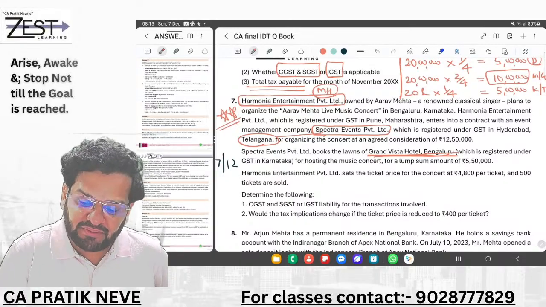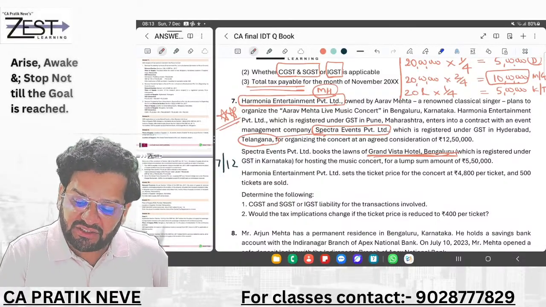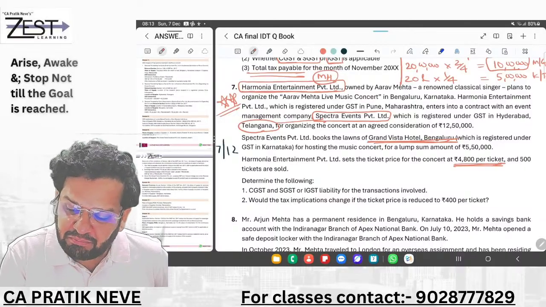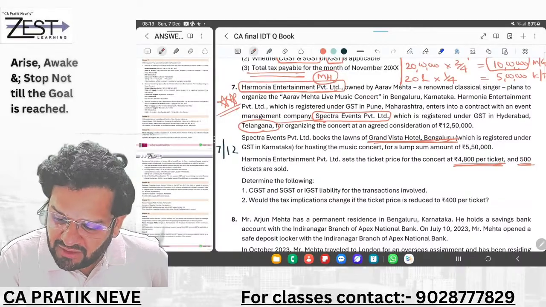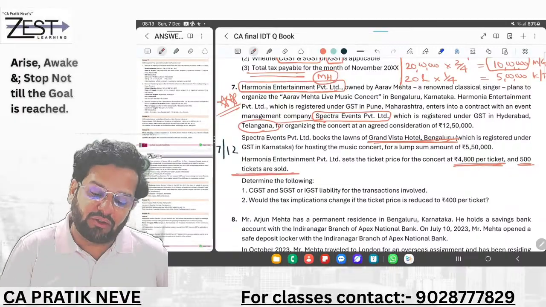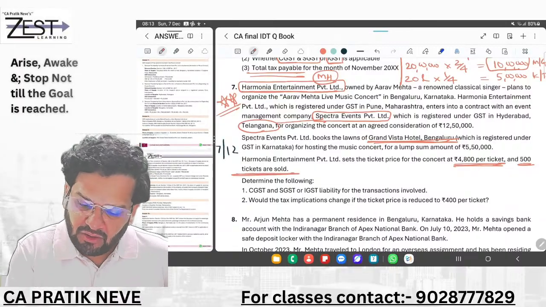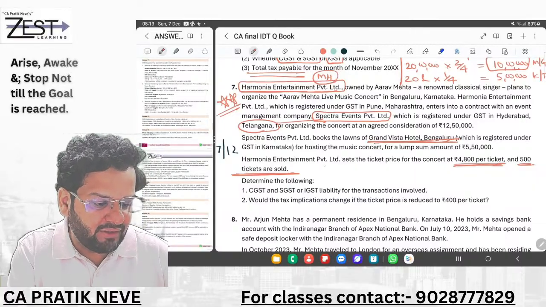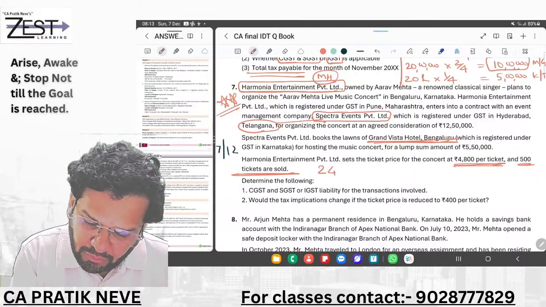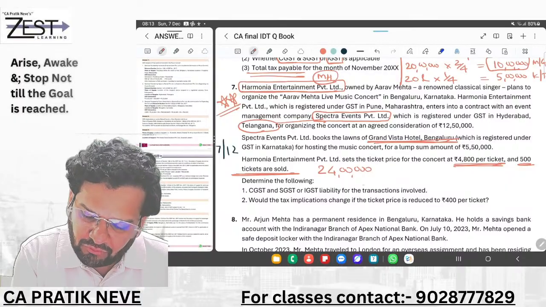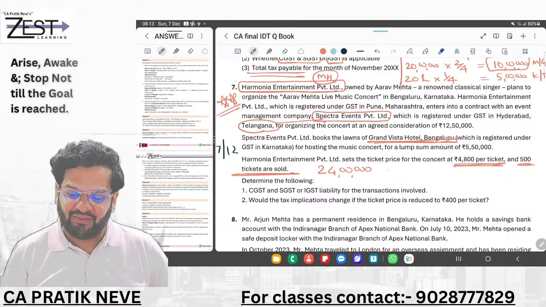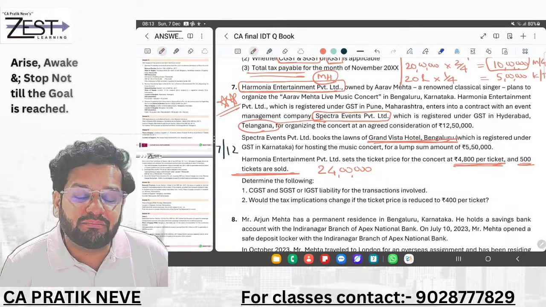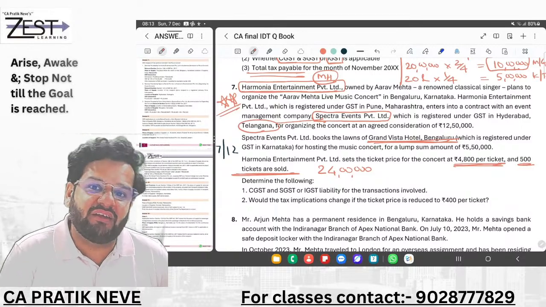So Grand Vista Hotel is in Bangalore. Harmonia Entertainment Private Limited sets the ticket price of the concert at 4,800 per ticket and 500 such tickets are sold. So 4,800 into 500, 24 lakh rupees is the collection from tickets sold. And this cannot be exempted because the ticket price is exceeding 500.